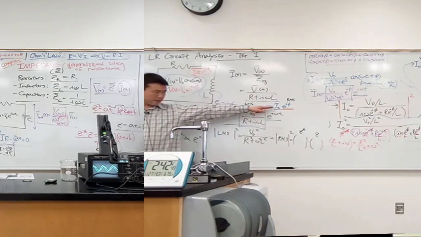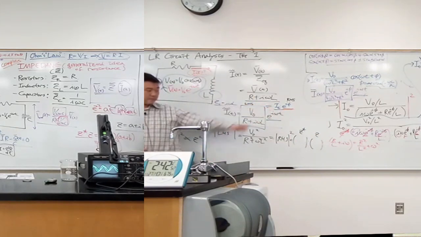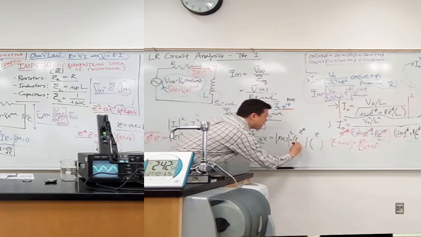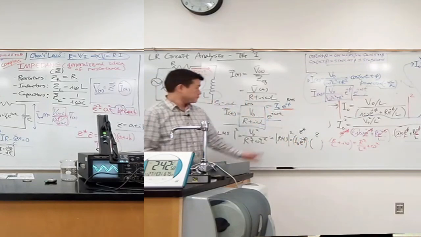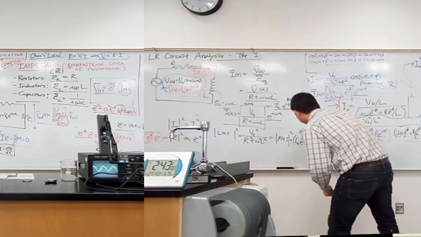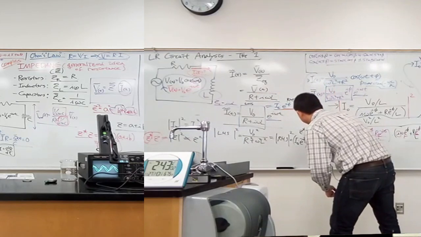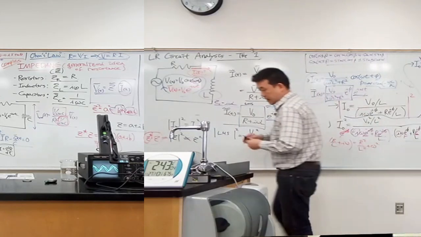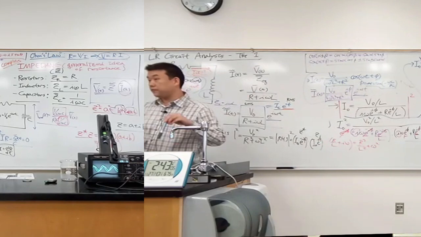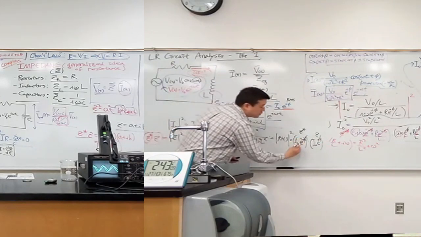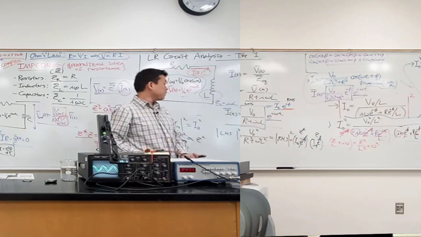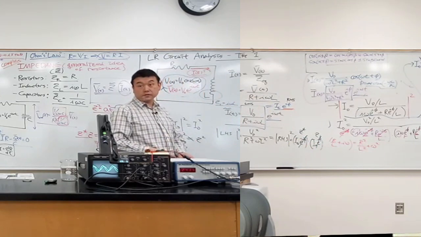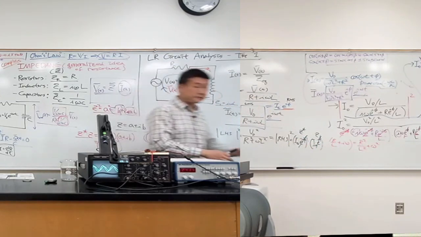The complex conjugate of this is I naught times e to the minus i phi, and the original number is I naught times e to the i phi. You see that e to the minus i phi cancels out e to the i phi. That is the whole point of the operation: get rid of complex phase factors.